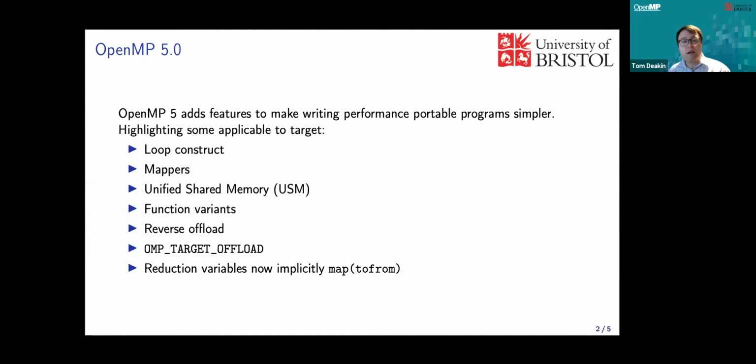There's also reverse offload for offloading back to the host, and the OMP target offload environment variable, which is useful to ensure that the device isn't allowed to silently just revert back to the host, for instance. The other key information is that in 5.0 implementations, reduction variables are implicitly mapped tofrom, so we don't have to remember to put that on the target directives ourselves.